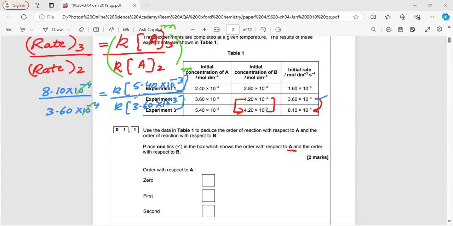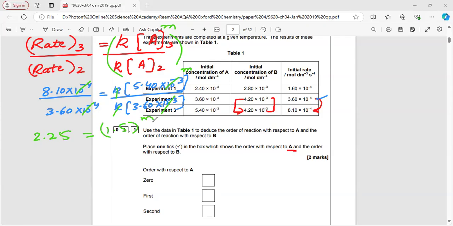So K will be cancelled out. What is left behind is 8.10 divided by 3.60, which gives 2.25, equals 5.40 divided by 3.60, which is 1.5, raised to power m.